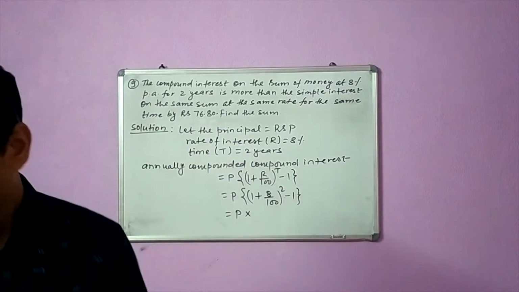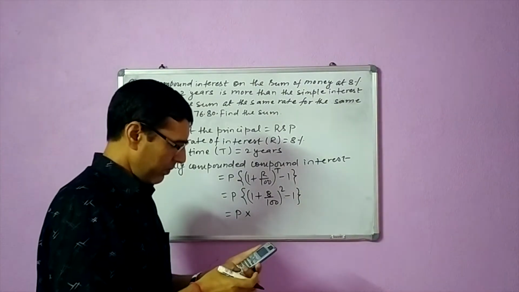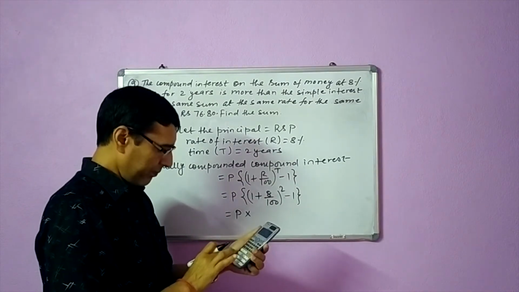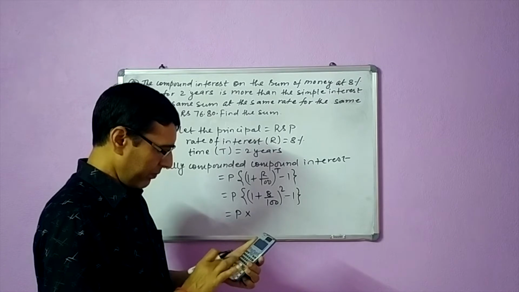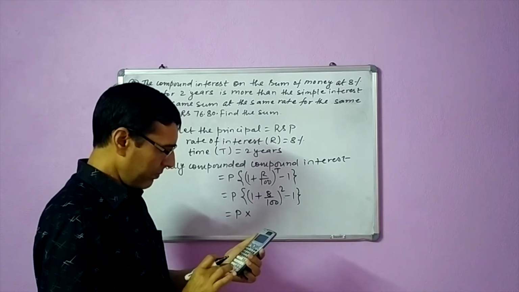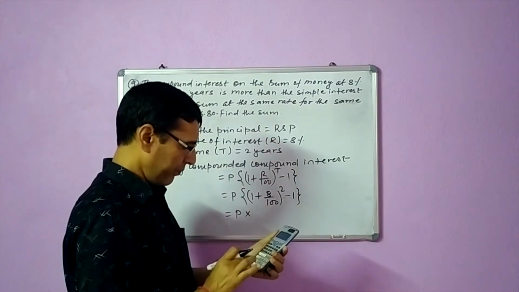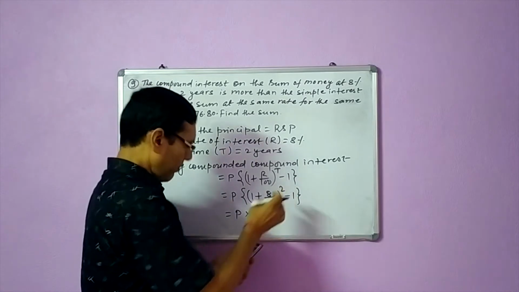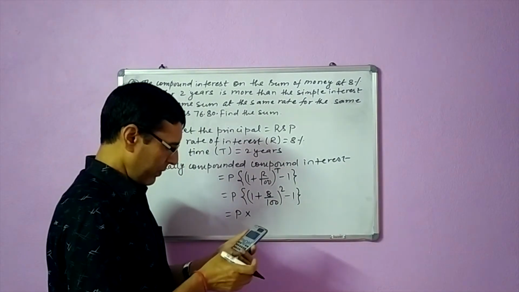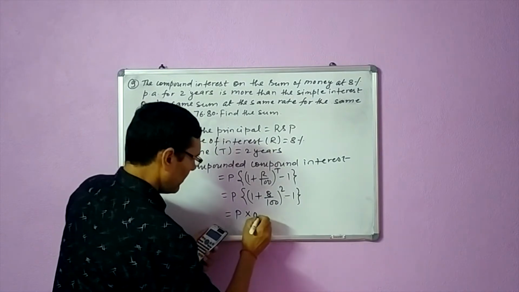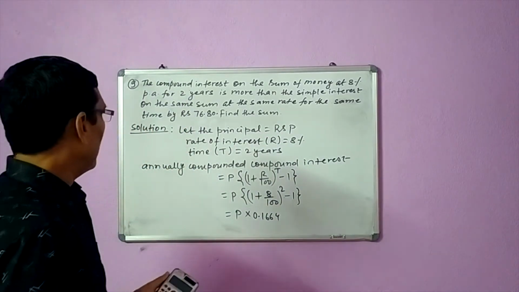So from here we have (8 divided by 100 plus 1) to the power 2 minus 1, so it gives 0.1664. Okay, so this is the annually compounded compound interest.